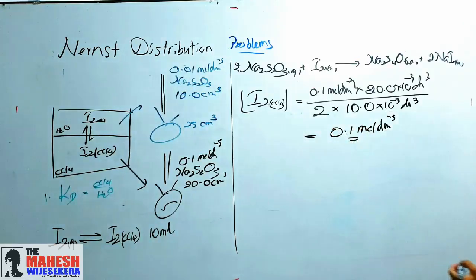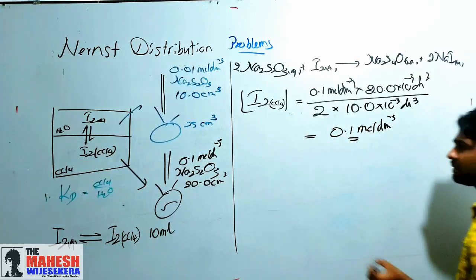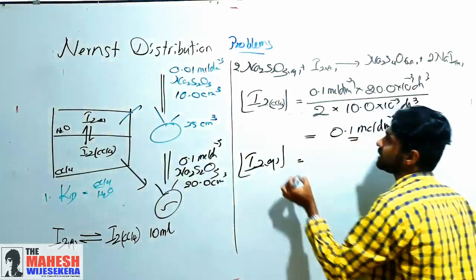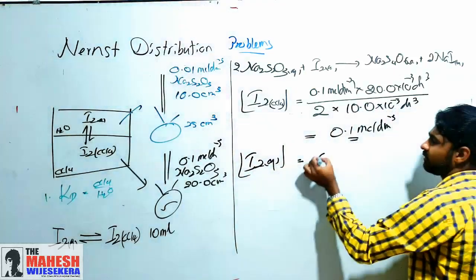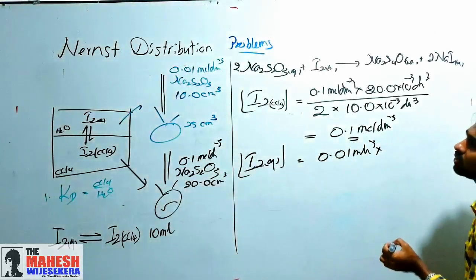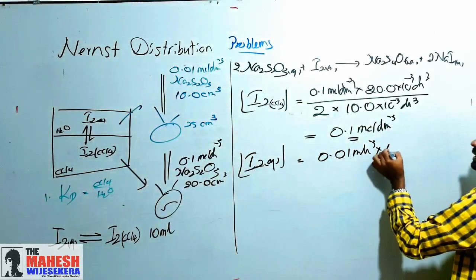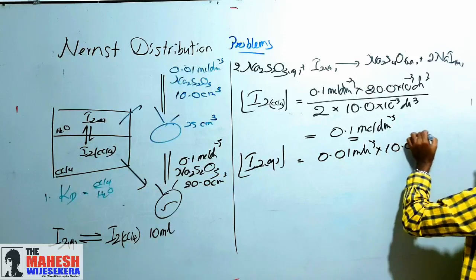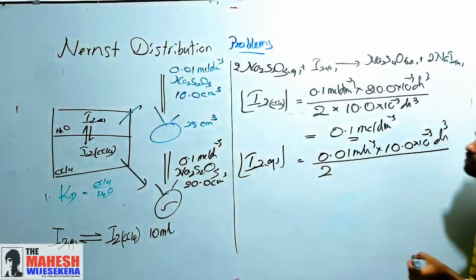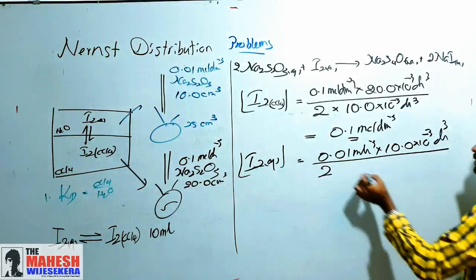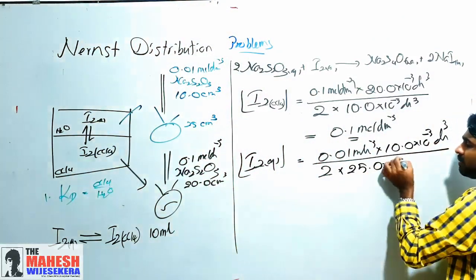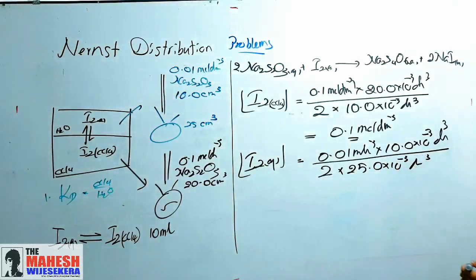That is 0.1. Similarly, you can find the I2 aqueous concentration. The amount of sodium thiosulfate is 0.01 moles per cubic decimeter into a volume of 10 into 10 to the power minus 3 cubic decimeters, divided by 2, that is the amount of iodine, into the volume that you took, which was 25 into 10 to the power minus 3 cubic decimeters.